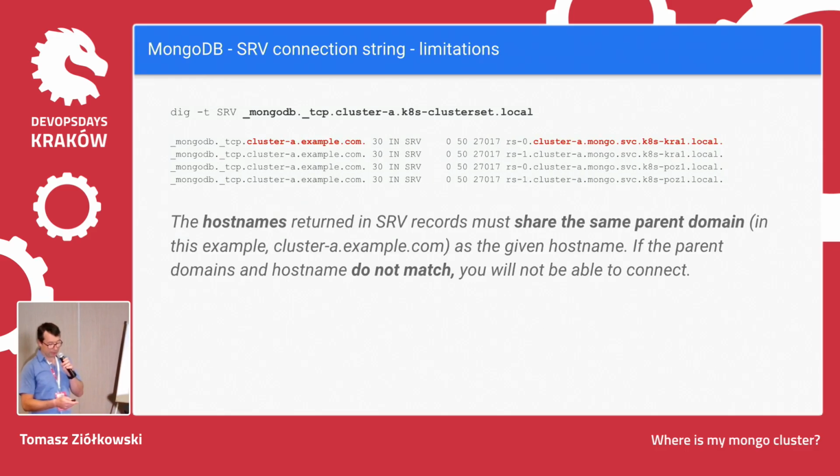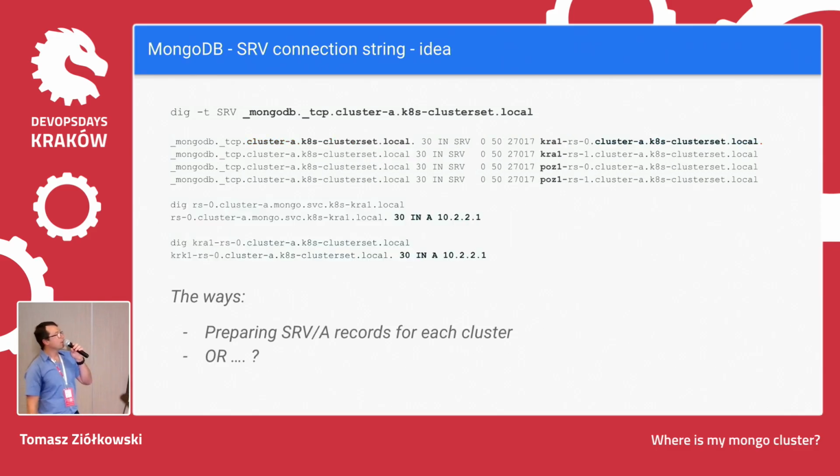Because there is a strong limitation that the name of the cluster and the host names need to have the same parent domain. So we can't use cluster set and Kubernetes cluster local here. To solve that, we also need to rename the host names in order to have the same parent domain for the name of the cluster and for each host name that is part of the cluster.